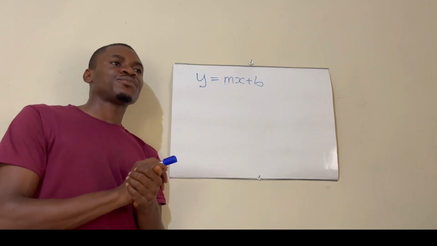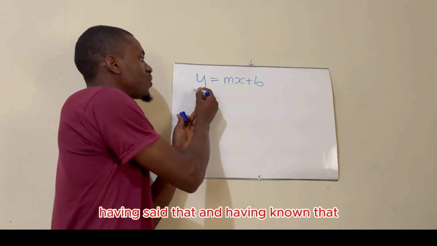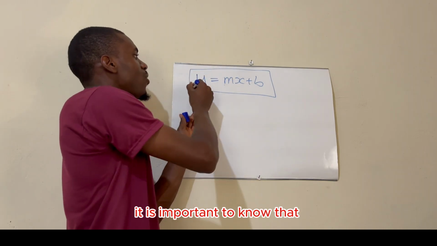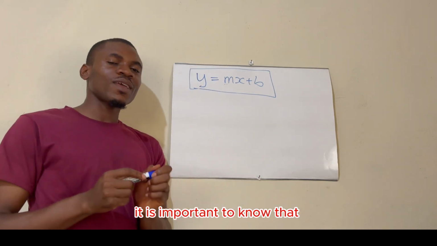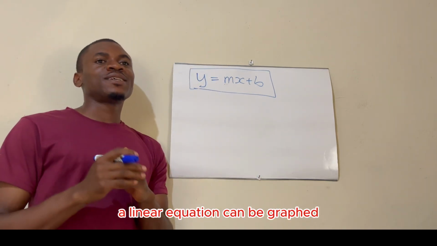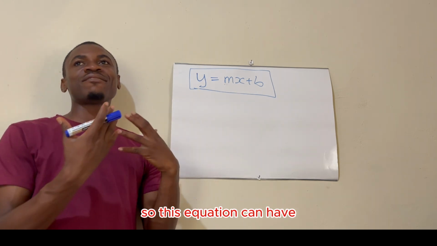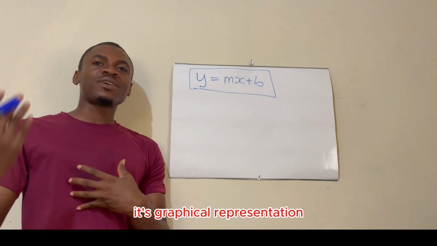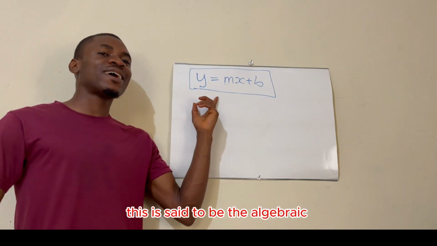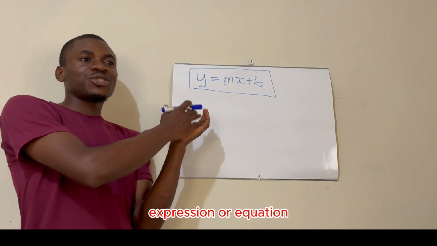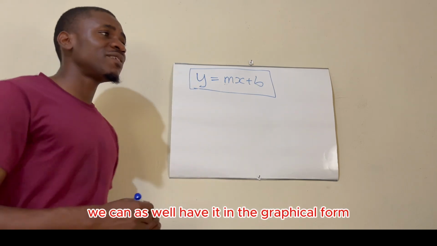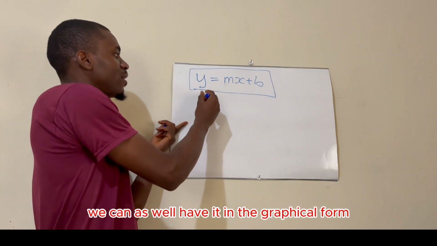Having said that and having known that, it is important to know that a linear equation can be graphed. So this equation can have its graphical representation. This is said to be the algebraic expression or equation. We can as well have it in the graphical form.